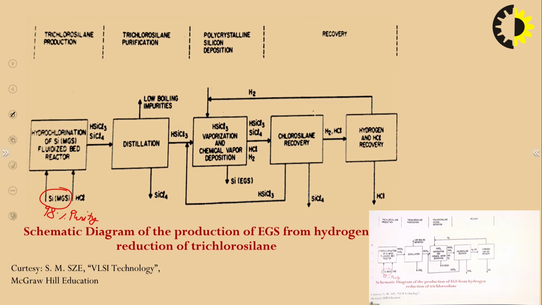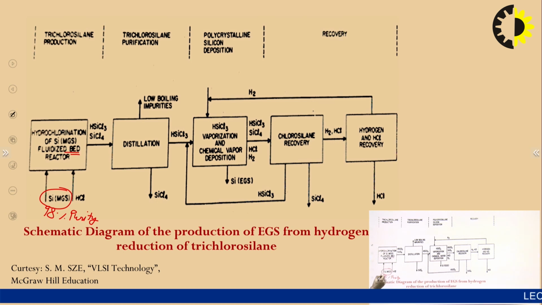Now this MGS silicon on a fluidized bed at around 300 degrees centigrade is reacted with HCl to give us trichlorosilane.